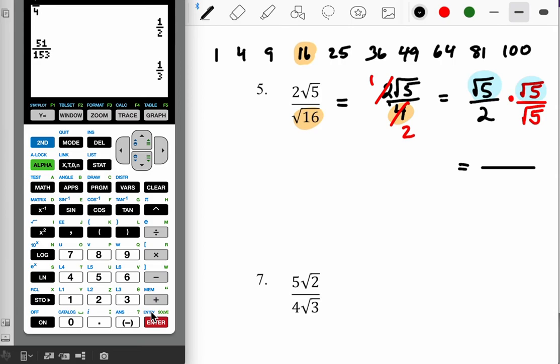On the bottom, I can't do anything with that: one number is rational and the other is irrational. 2 times radical 5 is just 2 radical 5. So this would be my final answer with a rational numerator. You see I don't have a radical in the numerator.